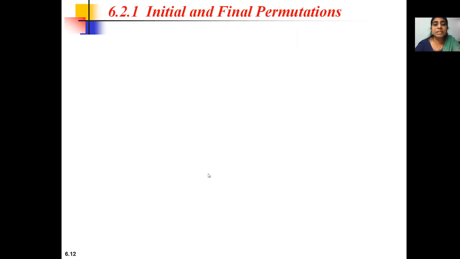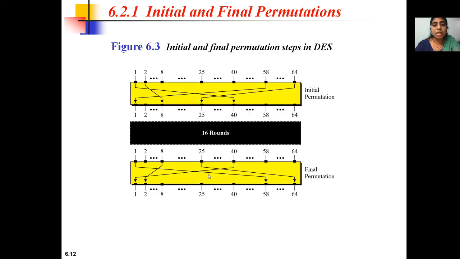Now the initial and final permutation steps. In the initial permutation, the first value is given to position 40 and the 58th bit is given to position 1.